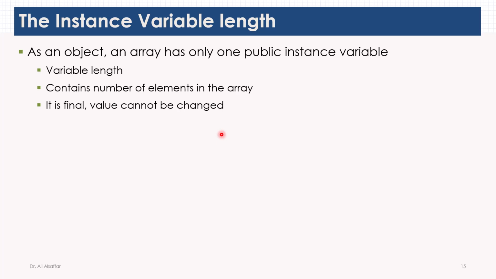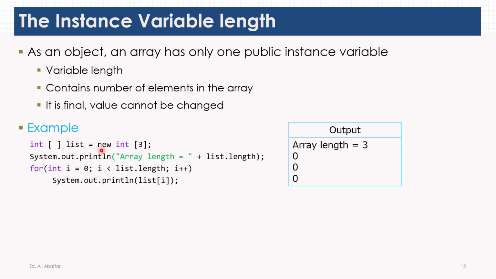Therefore, you can use it for reading, and especially you can use it inside loops if you want to go over the array from the beginning to the end. When you declare an array of a certain size, how do you reference the length of this array? Here is an example. In this line, we are creating an array of integers of size 3. Now, when we ask what is the length of this array, the answer will be 3.